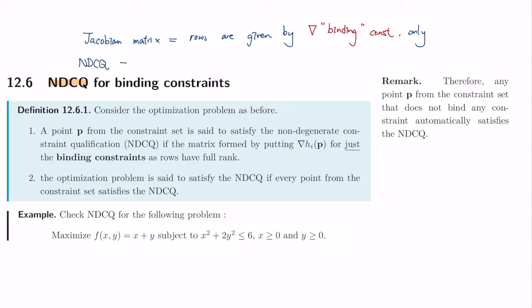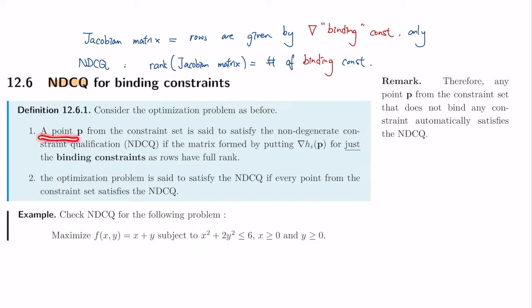The NDCQ says that you want the rank of the Jacobian matrix to be exactly the number of binding constraints. So this is what I write down here.